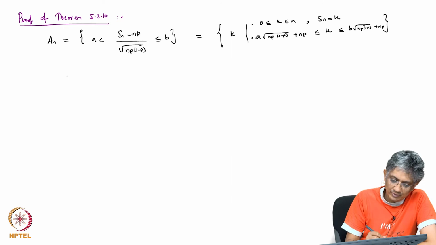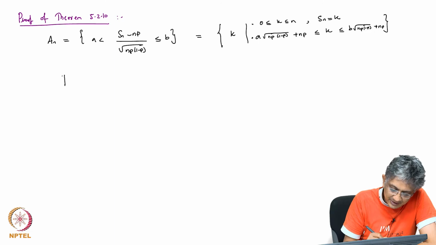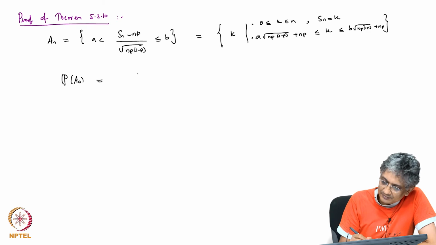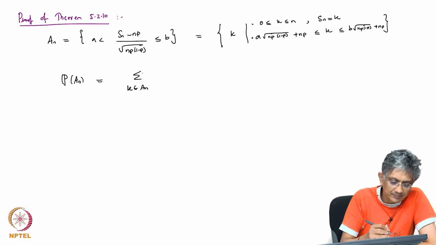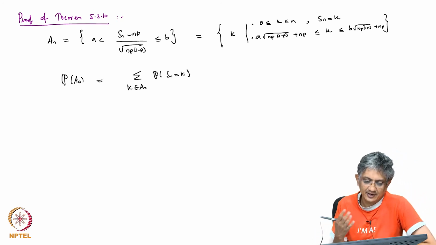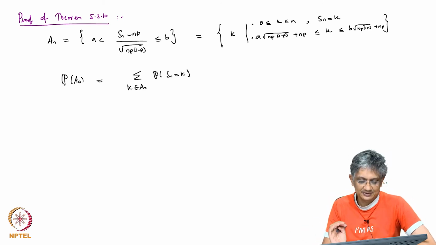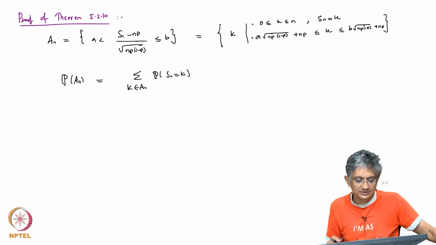So we could rewrite the probability of An as the sum over k in An of the probability that Sn is equal to k. That's the same thing, because if one k in An occurs, the other k cannot occur. So these are mutually exclusive events, and the probability sums up.